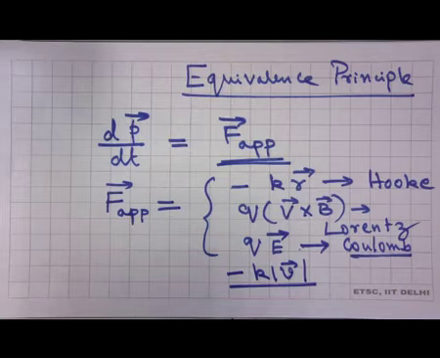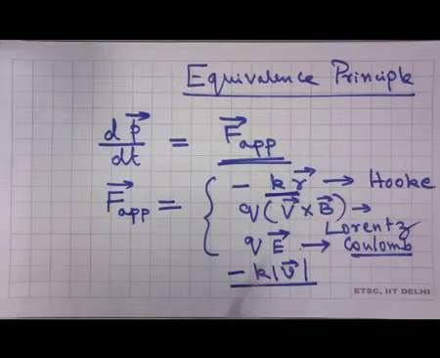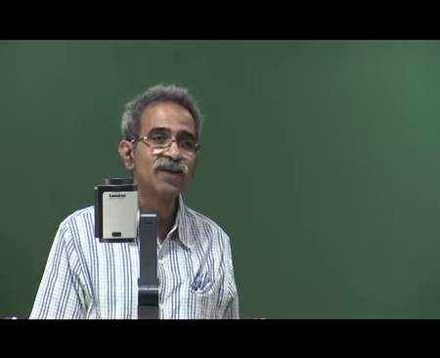So when I am writing all these things, if you look at the right hand side, there are different applied forces which are characterized by different properties, and there are two properties essentially. The first property is the sensitivity to distance or velocity. For example, Hooke's law is sensitive to the distance from the equilibrium position, but it is not sensitive to the velocity.